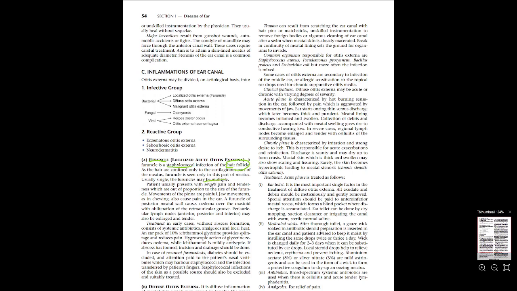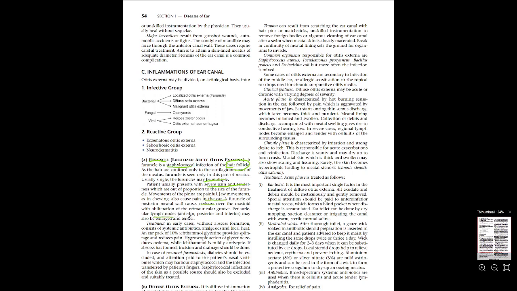A patient is in severe pain and tenderness, and movements of the pinna are painful. Jaw movements as in chewing also cause pain, and edema over the mastoid can be present. The lymph nodes may be enlarged.